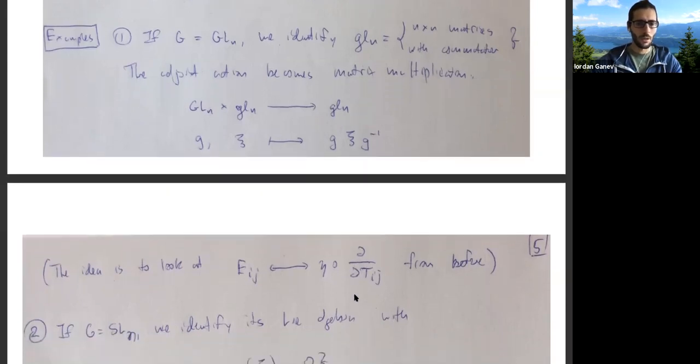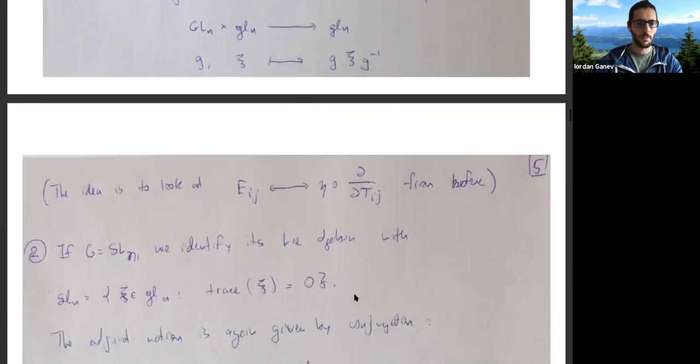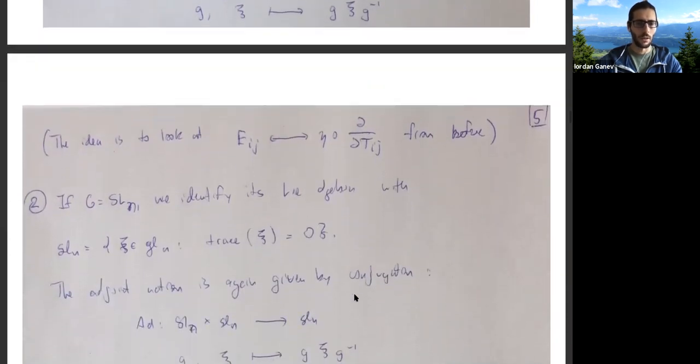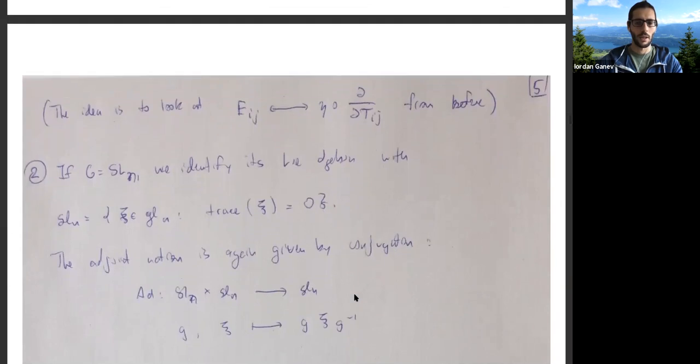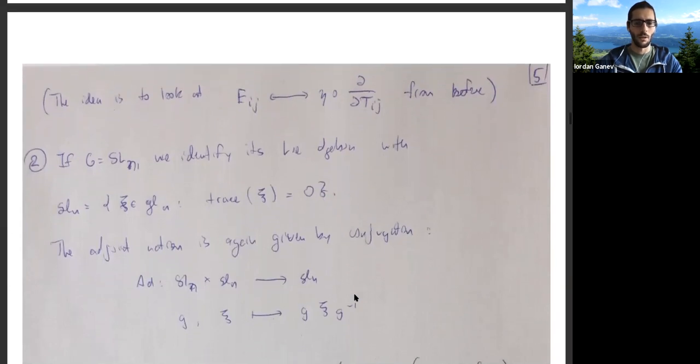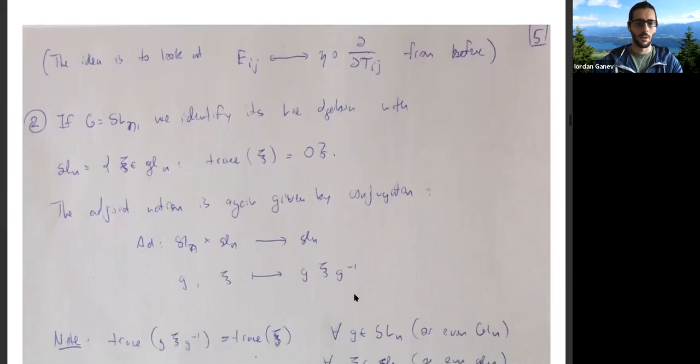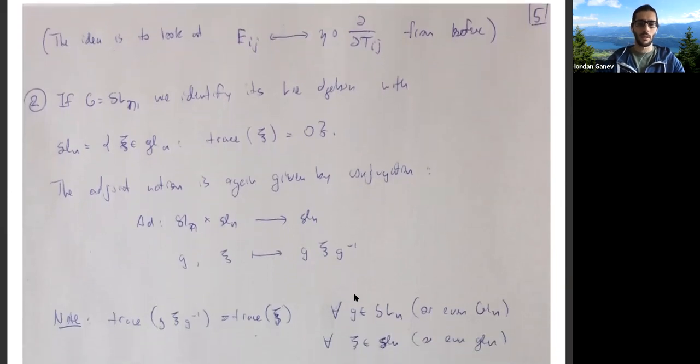All right, and for SLN, we have already that its Lie algebra is traceless matrices, and the adjoint action is again given by conjugation. Here the only thing to point out is that trace is conjugation invariant. So if we conjugate a matrix by any invertible matrix, then we get the same trace. In particular, the conjugation preserves this space of traceless matrices.